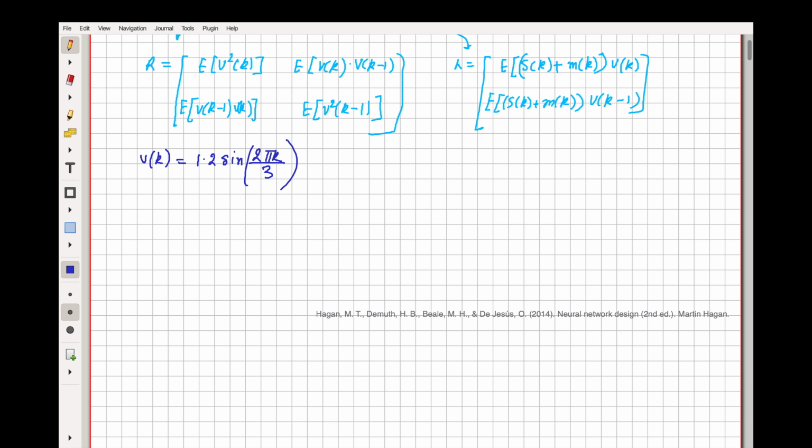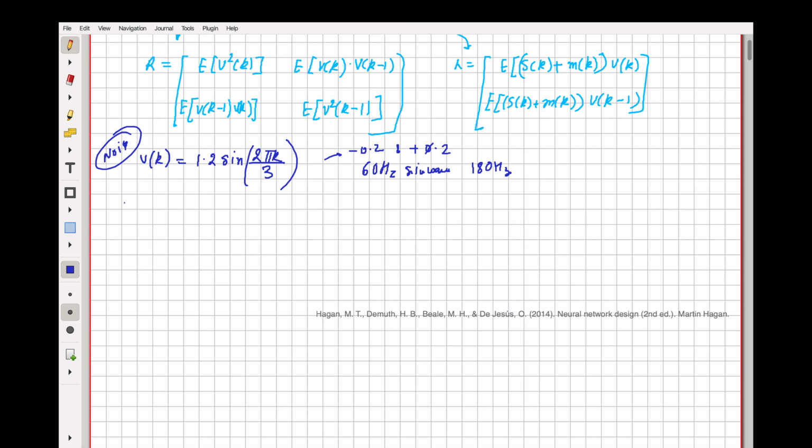So that is our random signal uniformly distributed between minus 0.2 and plus 0.2, and this is a 60 hertz sine wave that is sampled at 180 hertz.